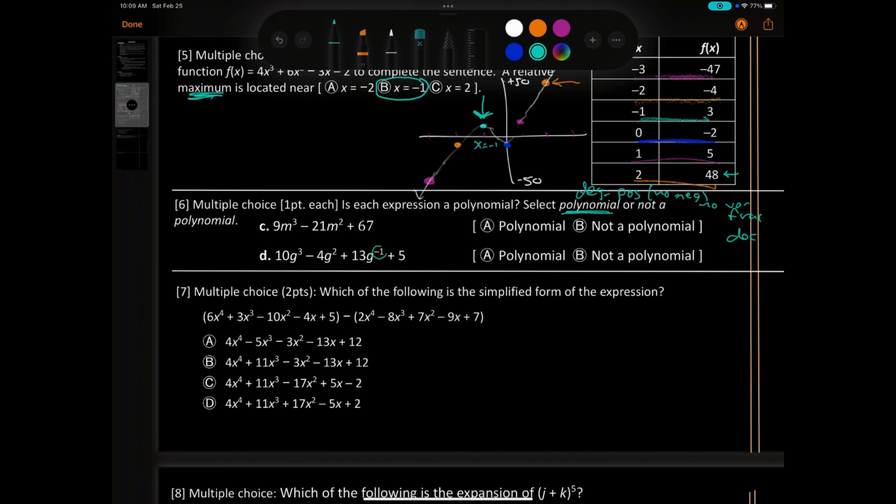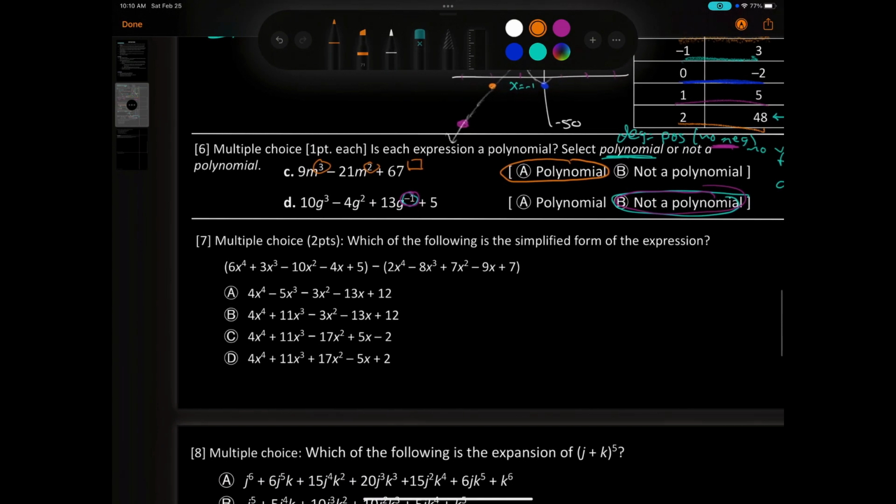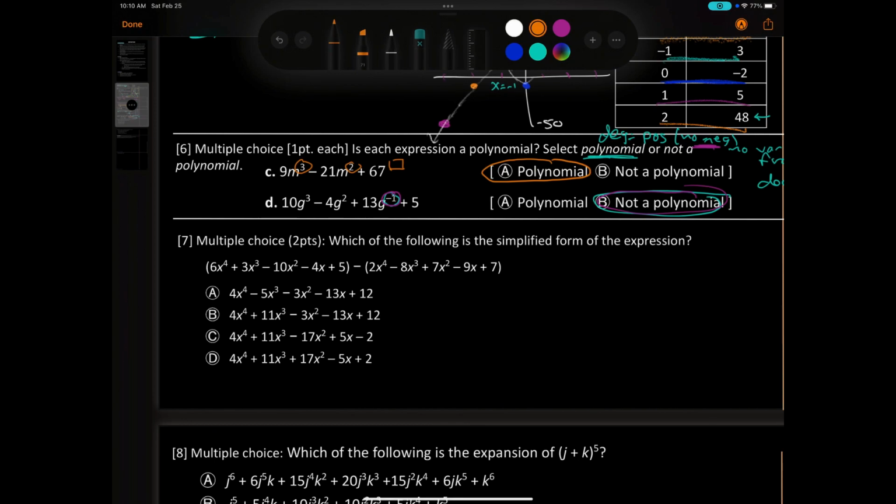So this one here is a negative. That would be not a polynomial because that one has a negative. C is a polynomial. You'll notice that these are all whole numbers, okay?